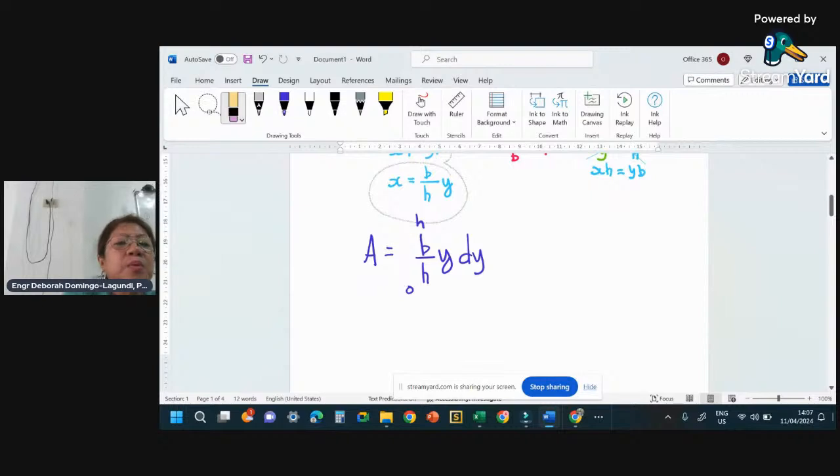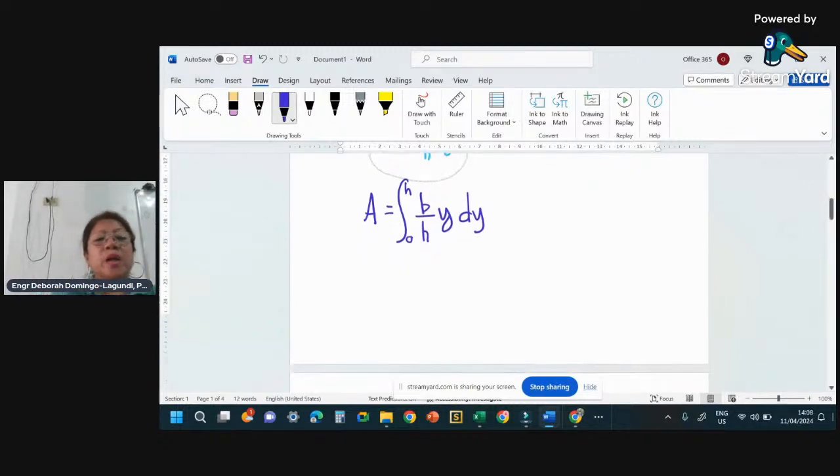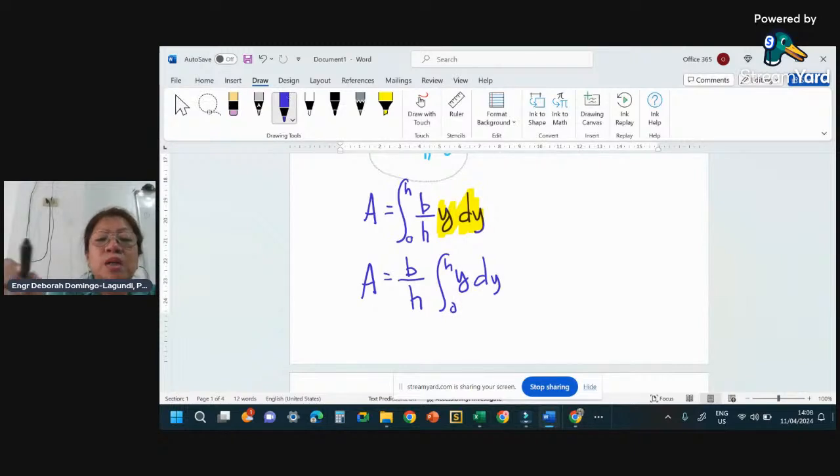It's not written very nicely there. We can also put the h inside and the 0 over here. Or you can do it this way: b and h are constant, y is the one changing. So b over h will just go outside and we integrate y dy. So the integral of y dy from 0 to h.